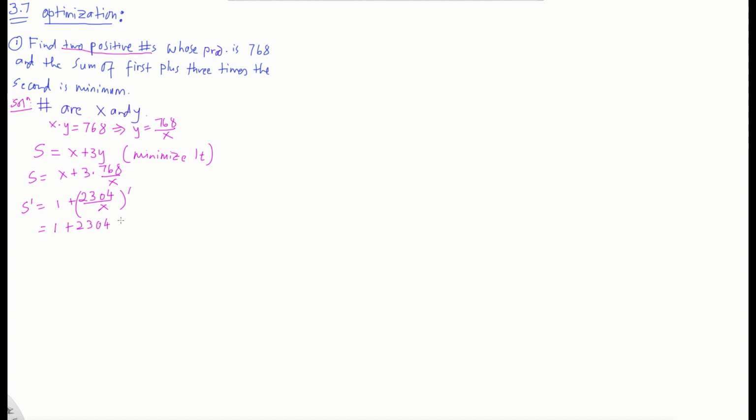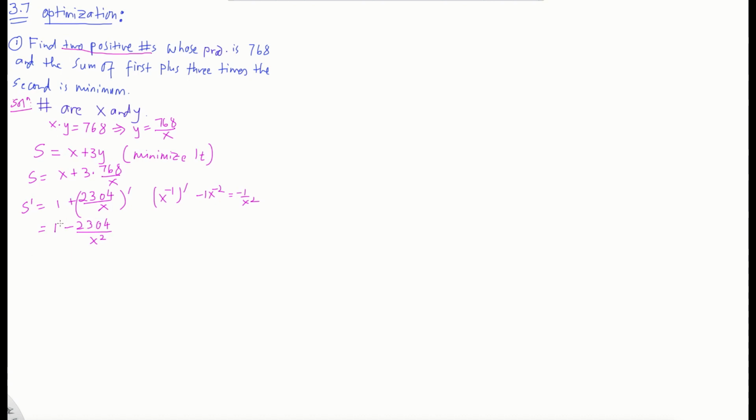We don't have to use the quotient rule, because the top is just a number. You can move this to the top, so it will be x to the -1, and find the derivative of that x only, because the constant you can pull out. So it will be -1 x to the -2, which becomes -1 over x squared. So this will become negative.